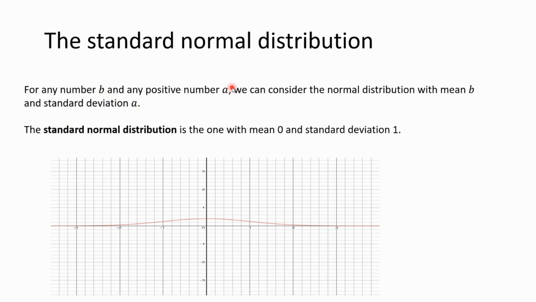But there's a special case that people like to consider, and that is when the mean is 0 and the standard deviation is 1. We then have what's called the standard normal distribution.